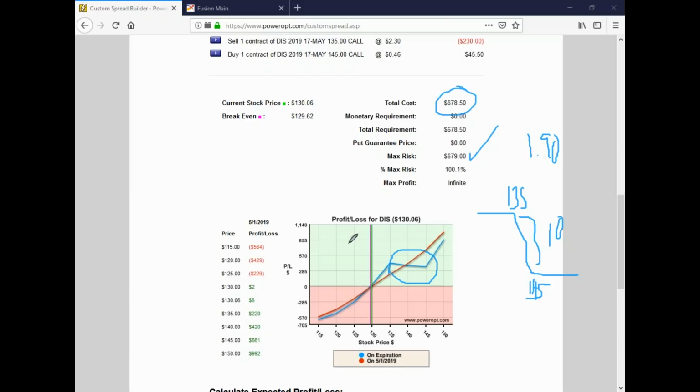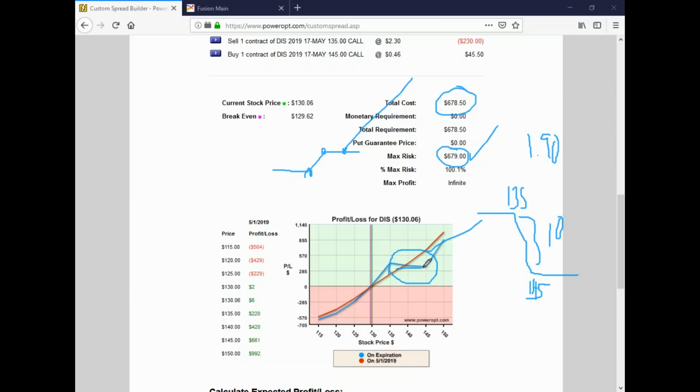Your broker sees this as a debit spread from our original 130 call to the 135 sold, and then we just bought an extra call to leave the upside open. So now you've hedged your loss again, from 860 down to 679. This is still about 210, so it's probably about 20%, a little bit more. And you leave the upside open.